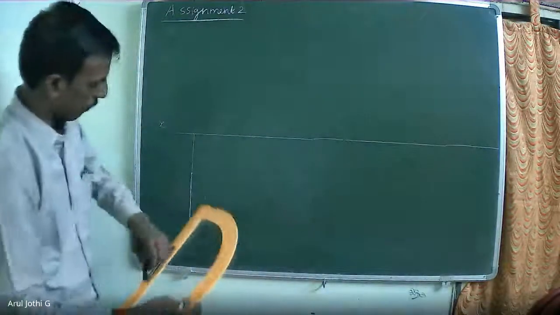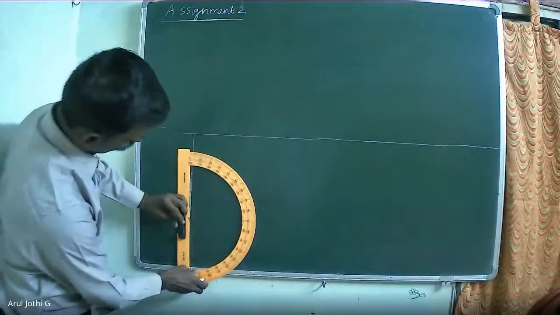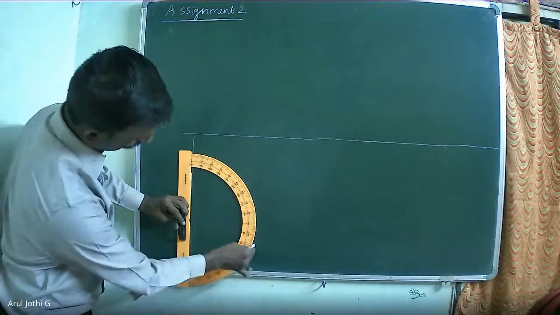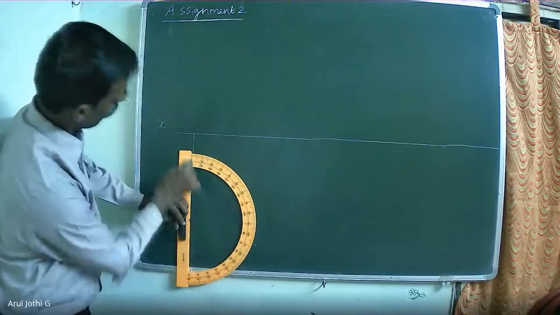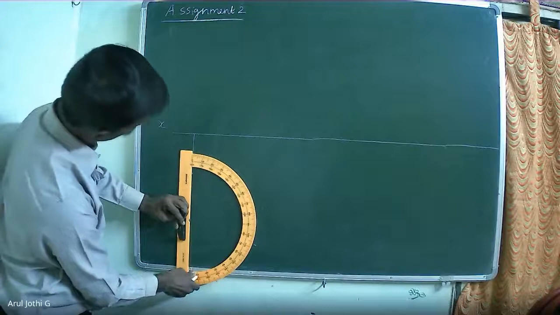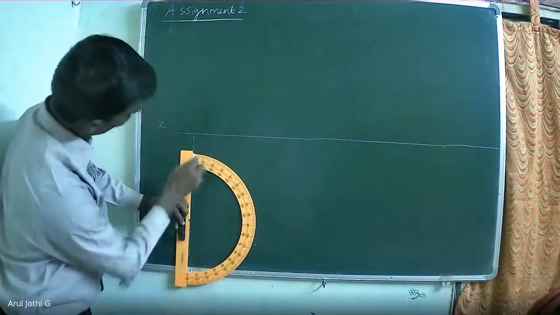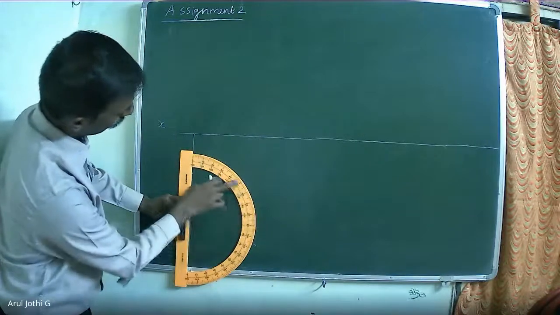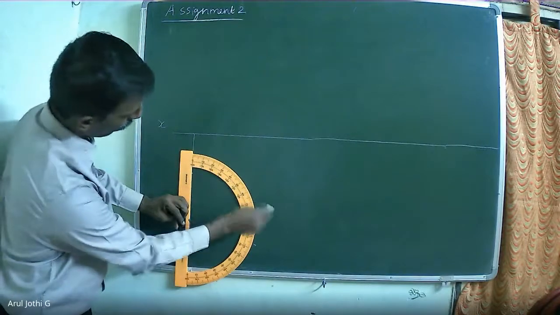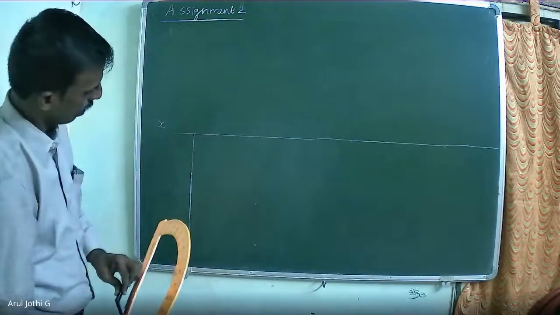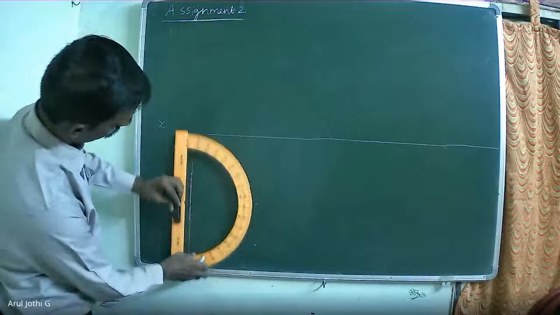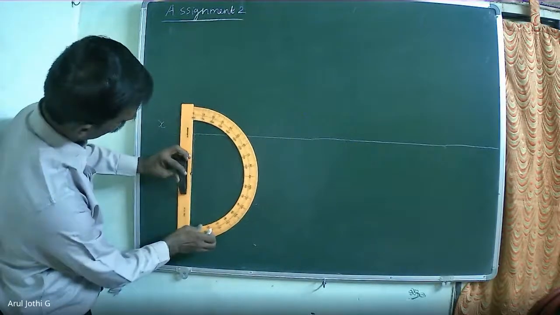Here in this case, I am going to use the protractor. Already you know about 72 degree. The outside angle will be 72 degree. Similarly here, use the outside angle as 72 degree.